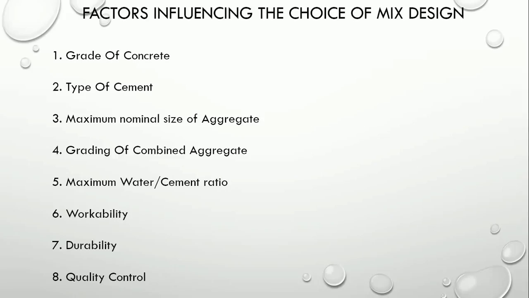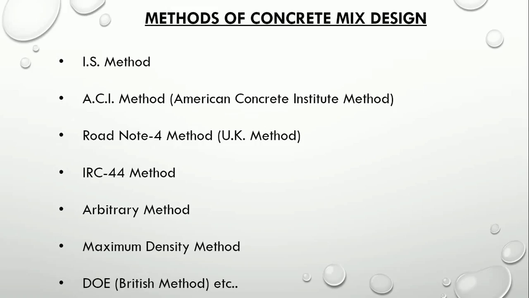Okay. Now maximum nominal size of aggregate. Guys, aggregate is available in various sizes, so selection of aggregate is also affecting. Now grading of combined aggregate, then maximum WC ratio or water cement ratio, it is also an important factor. Then workability, durability and quality control, these all factors are affecting the choice of mix design.